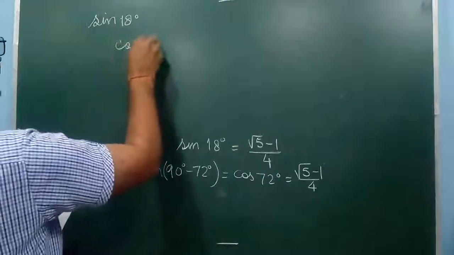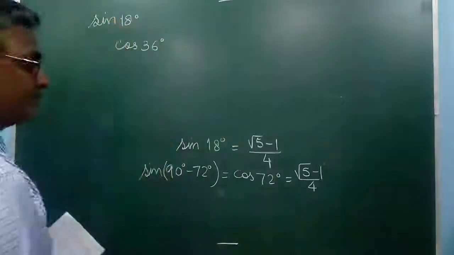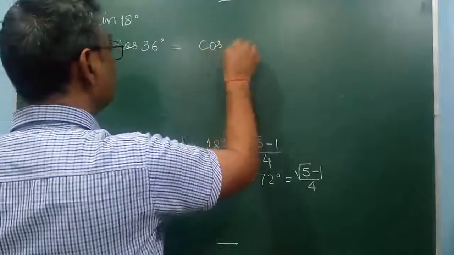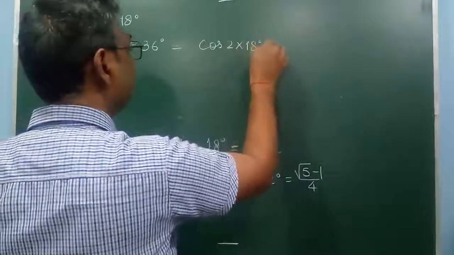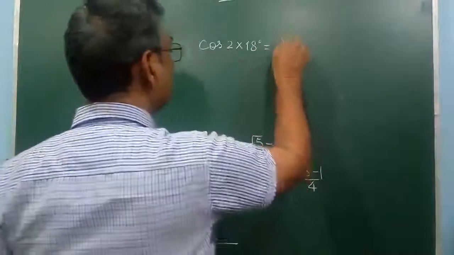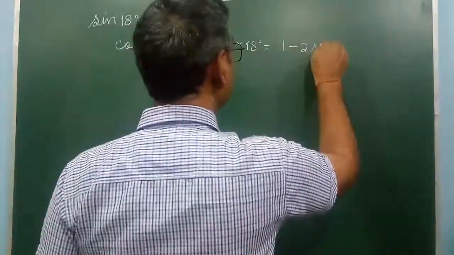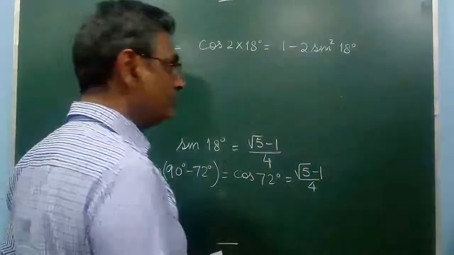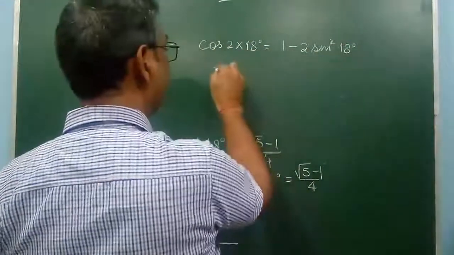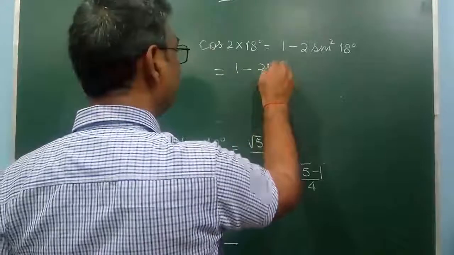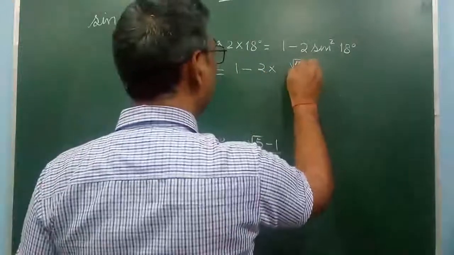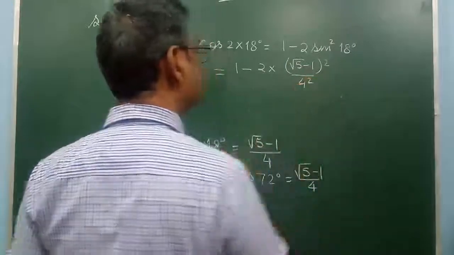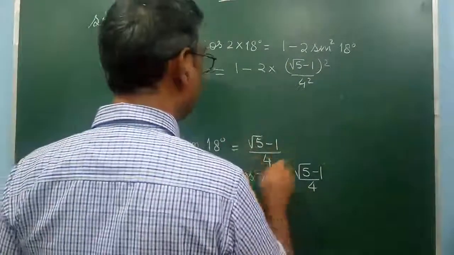Cos 36 degree means we can write this as cos 2 into 18 degree, and this is 1 minus 2 sin square 18 degree. Cos 2x formula we are using here, sin value we are having here, so 1 minus 2 into root 5 minus 1 by 4 square. Square of this we can write.